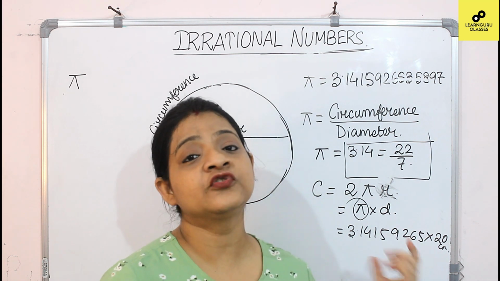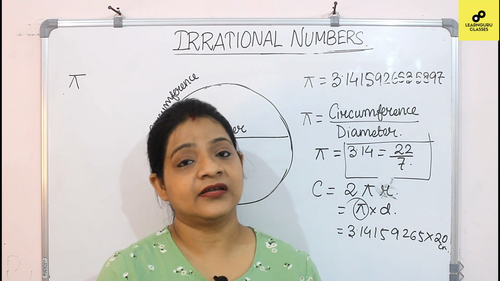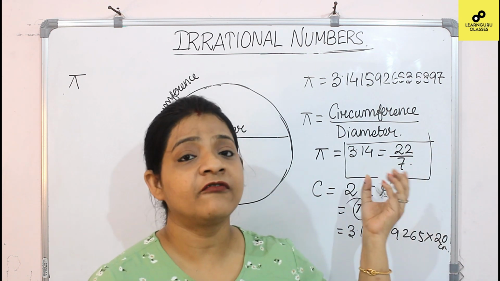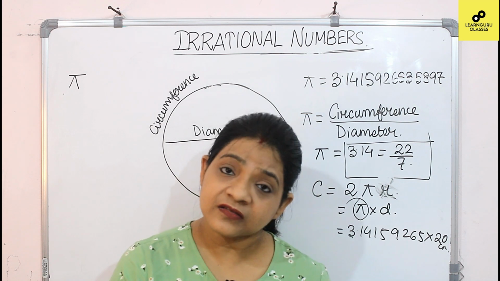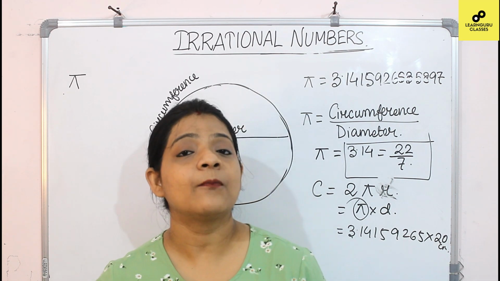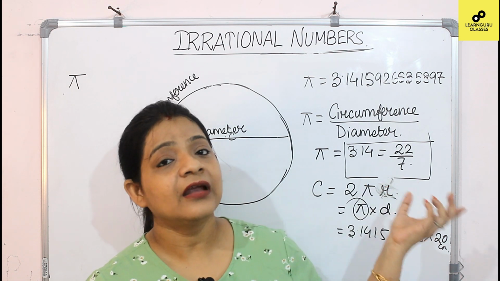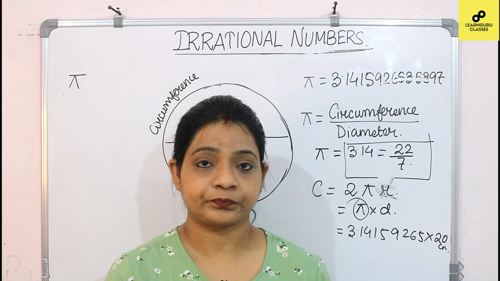These are the two possible ways of identifying an irrational number, and of course we have pi. If somebody asks you what type of number pi is, rational or irrational, you will answer that pi is an irrational number.